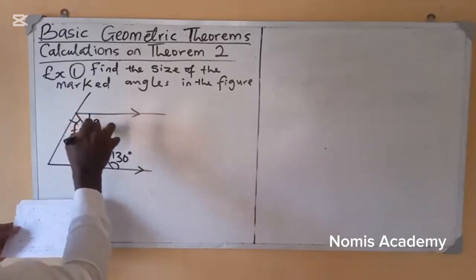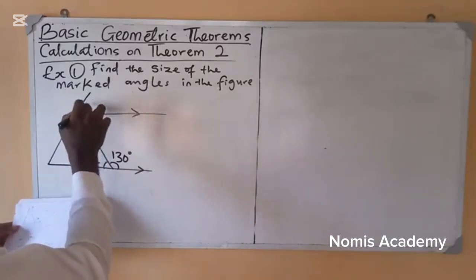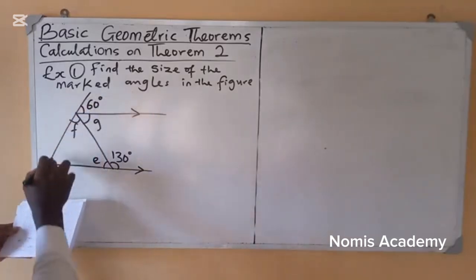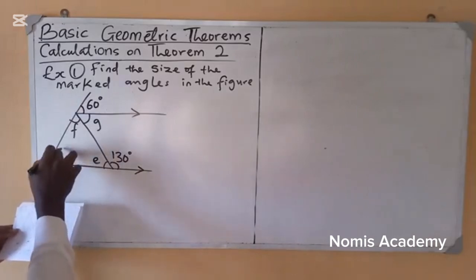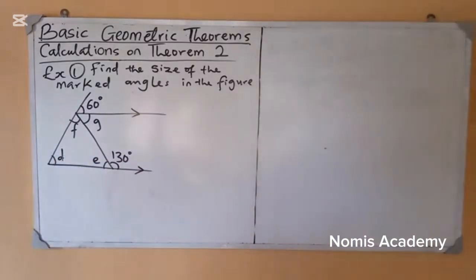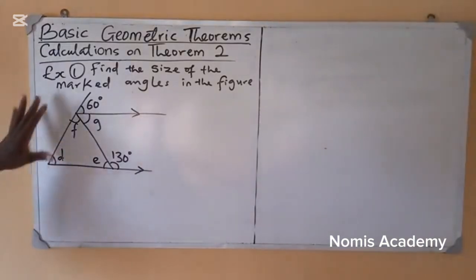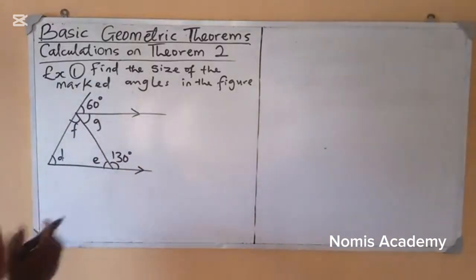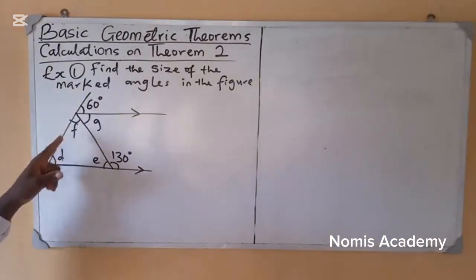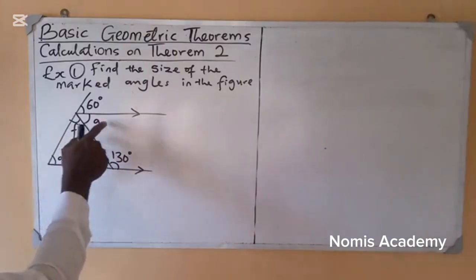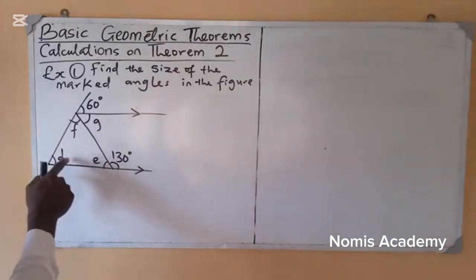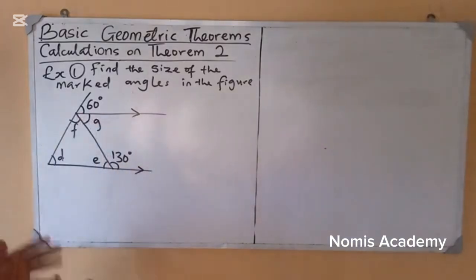Here is called G, and then here is 60 degrees. And then this angle is called D. So we are asked to find the size of the marked angles in the diagram. So we are going to look for D, E, F, and G.